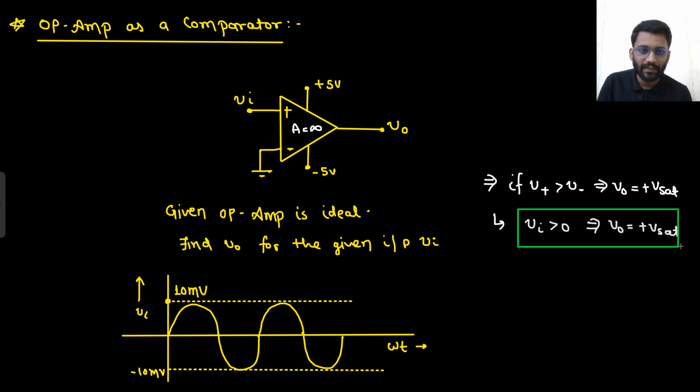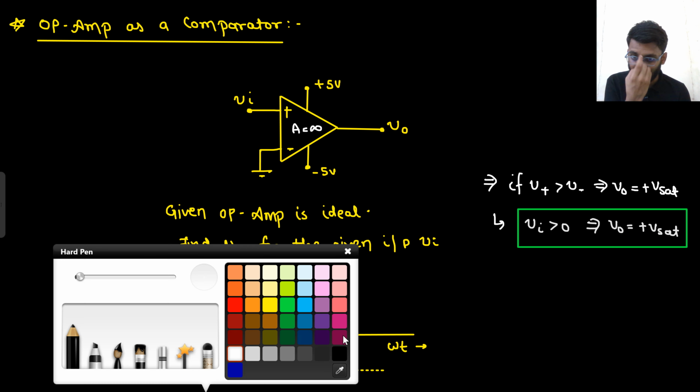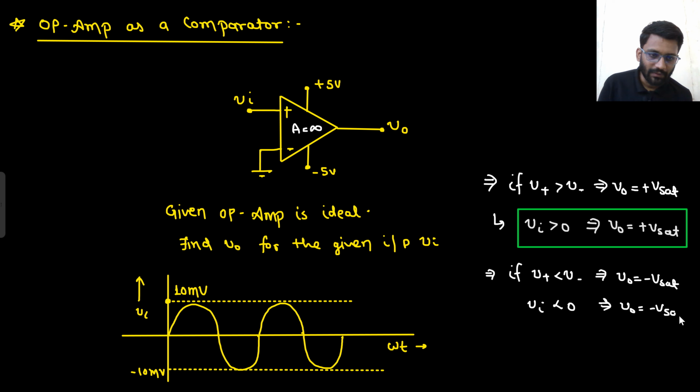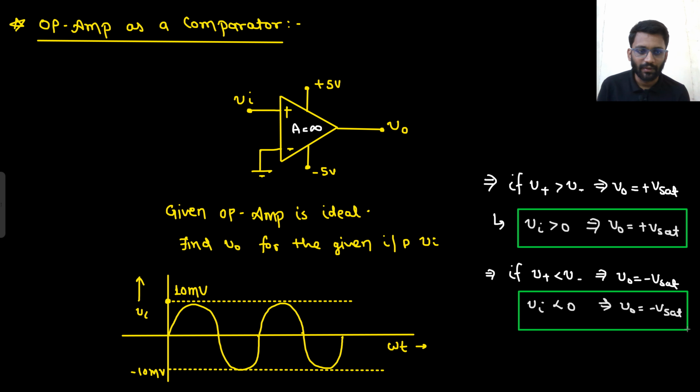So if Vin is greater than 0, your output is plus Vsat, and if Vin is less than 0, your output will be minus Vsat. If V positive is less than V negative, then your output will be minus Vsat. So what is V positive? Vin. Vin is less than 0, then your output will be minus Vsat.